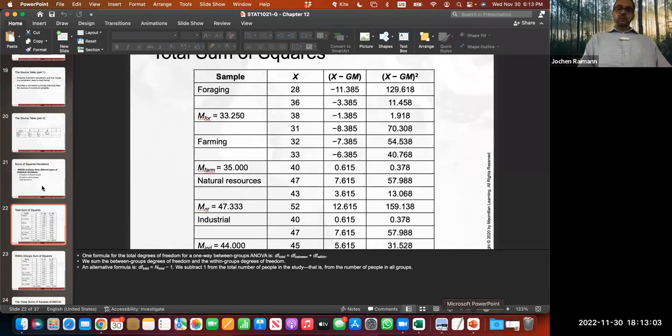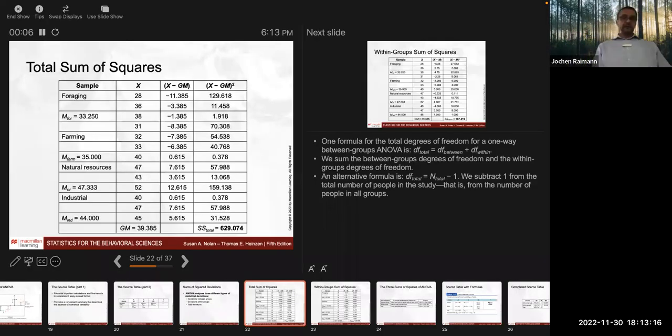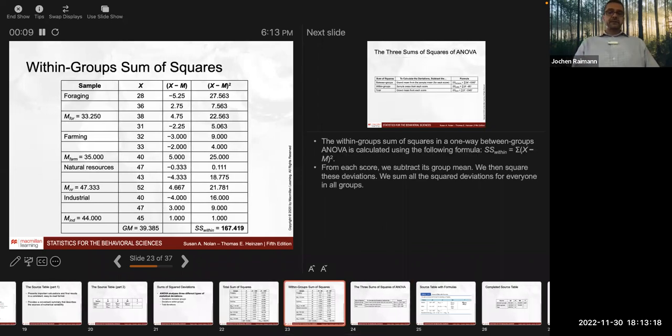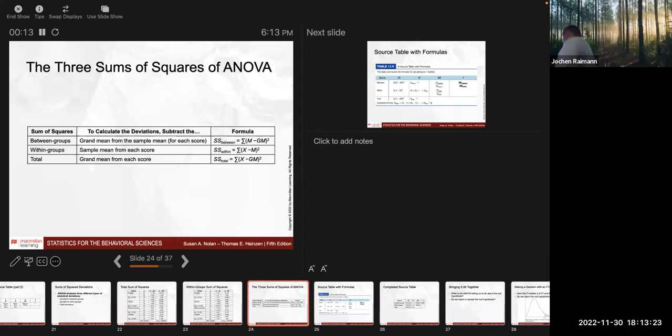So Norton and Heinzen walk you here through the same calculations as I've just done in Excel. I think it's worthwhile that you go through each of these calculations in Excel. I will post a spreadsheet as usual. It's just important to understand what's the meaning of all of this.